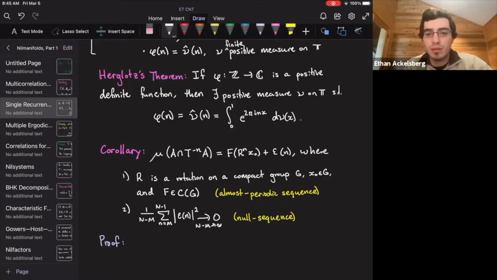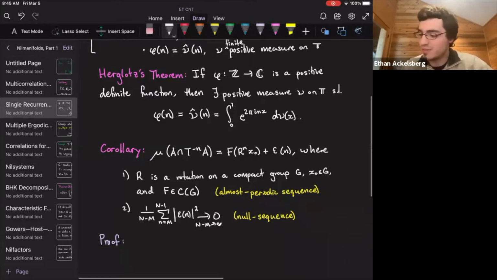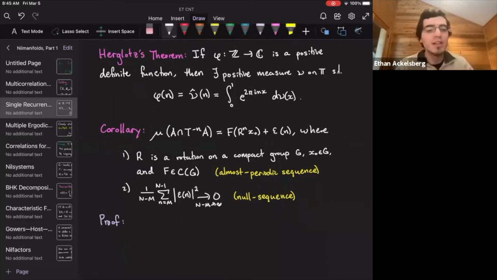Okay, thank you. So this is like the compact weak mixing decomposition. I'll write up some sketch of details, but the kinds of limits we're dealing with are more like L2 limits than pointwise limits, and we'll be able to deal with doing things over any Følner sequence whatsoever in all these situations.